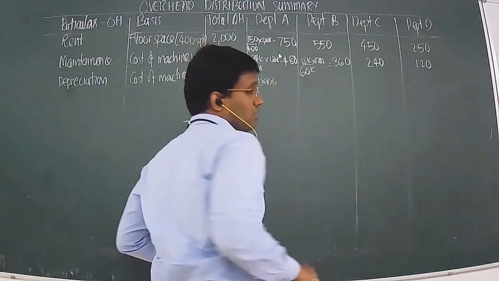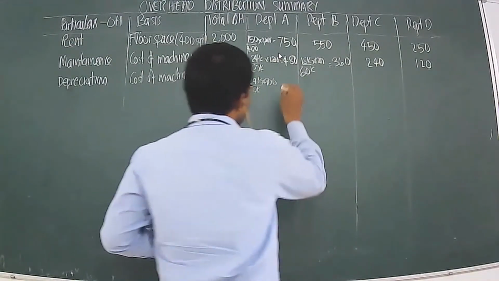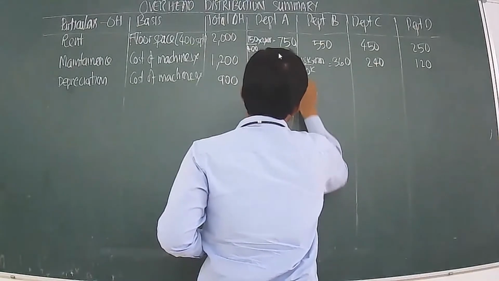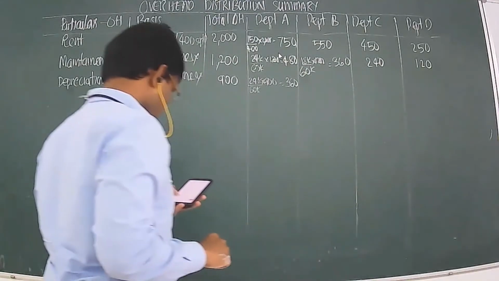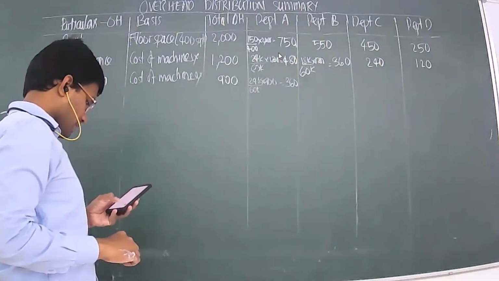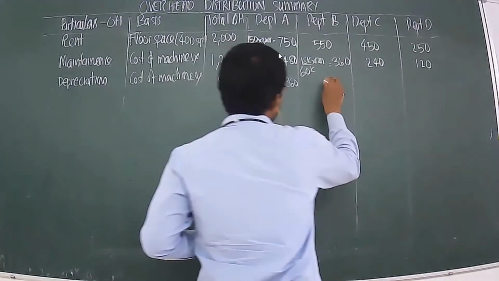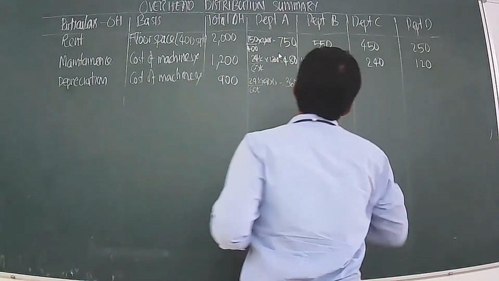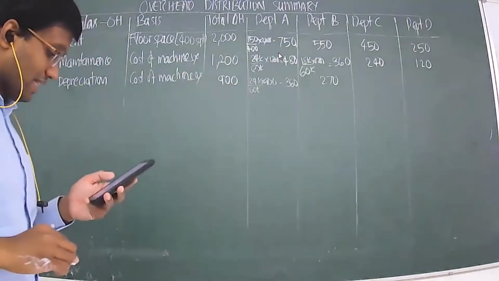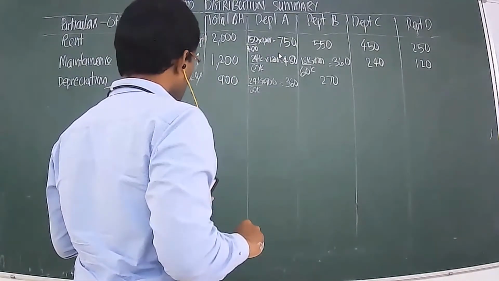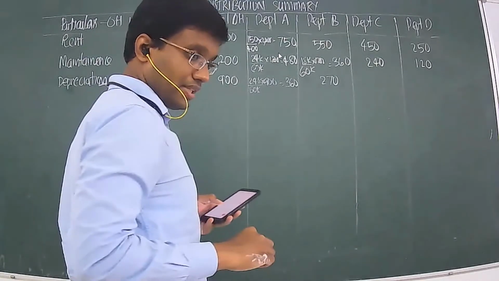Why 900? Because that is the total depreciation. So this will work out to be 360. Let's move on to the next one. Here this will be 270. Next one.